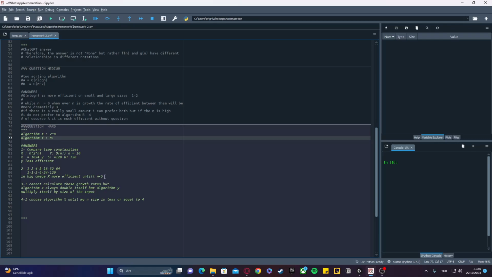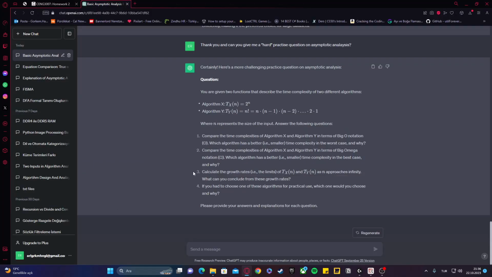Actually, if n equals 4, the factorial algorithm is much more efficient, but less than 4, actually, if our input is like 1, 2, or 3, algorithm U will be more efficient. But otherwise, algorithm X will always be more efficient.